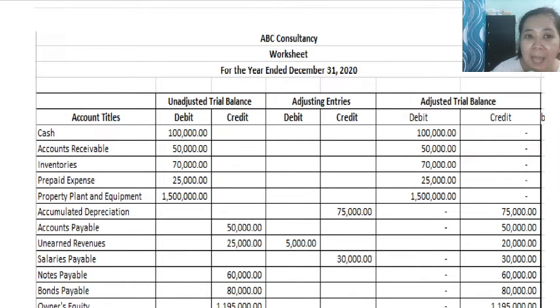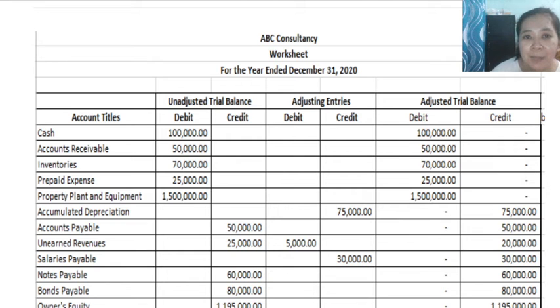Meaning, if they are on the same side in the unadjusted trial balance and adjusting entries, we will add these amounts. If they are different, meaning debit from the unadjusted and credit in the adjusting entries, we will deduct these amounts to get your adjusted balances.